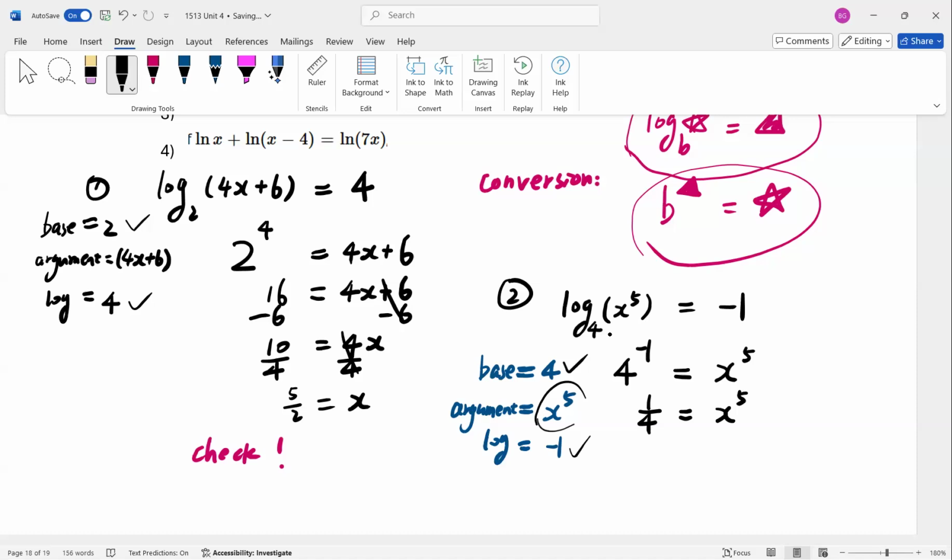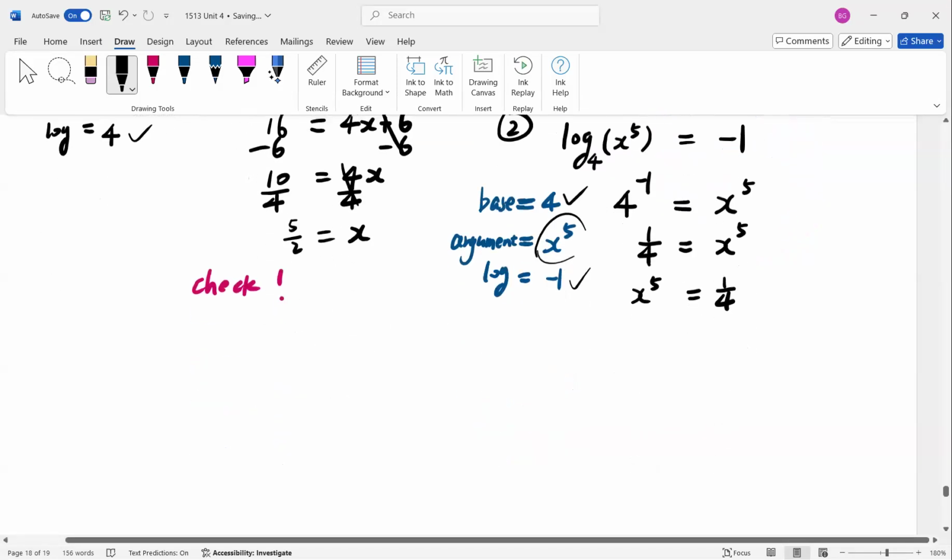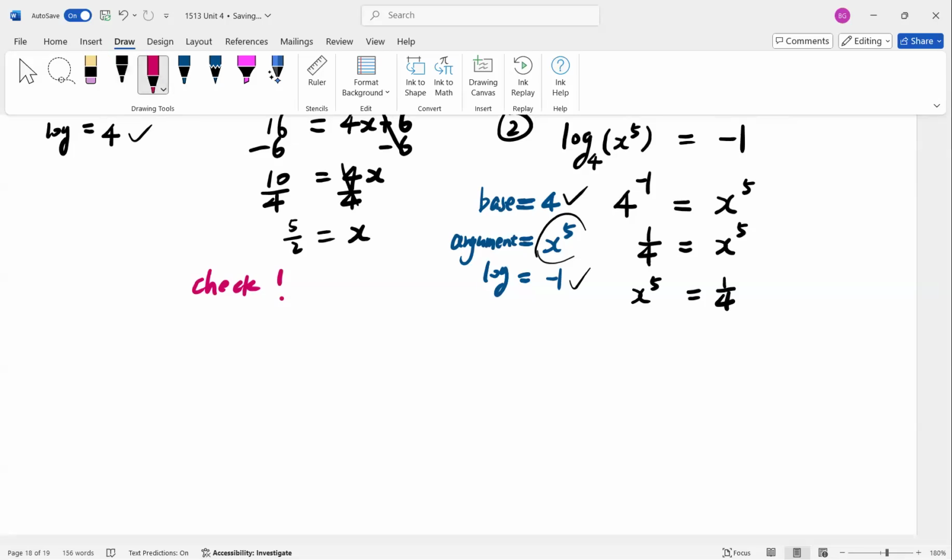If it makes you more comfortable, we can switch the left side and the right side. I feel more comfortable with x to the power 5 on the left side. Then I'm going to apply the second method of solving exponential equations: apply ln on each side.